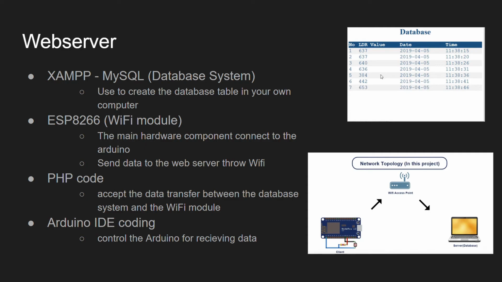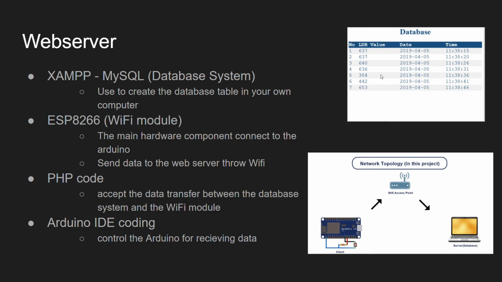And next, the ESP8266 Wi-Fi module. It is the main hardware component to connect the Arduino and the database system. When the data is sent into the Arduino, it will go through this Wi-Fi module and send to the server, just the database, just the graph on the right down corner.